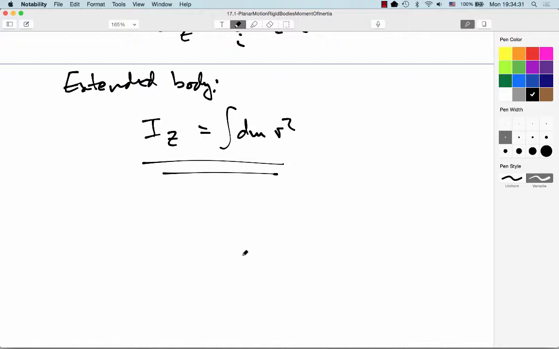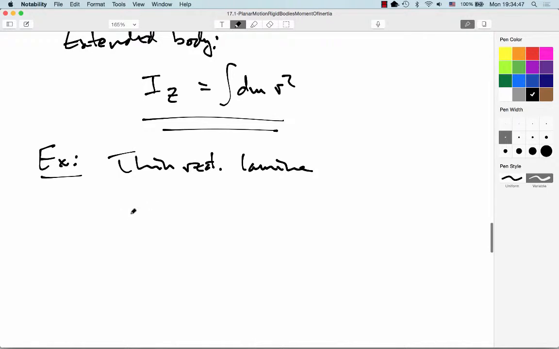So let's go and visit our friend, the thin rectangular lamina. Oh hey, we just happen to conveniently have a coordinate system just hanging around. X, Y, Z, like so.